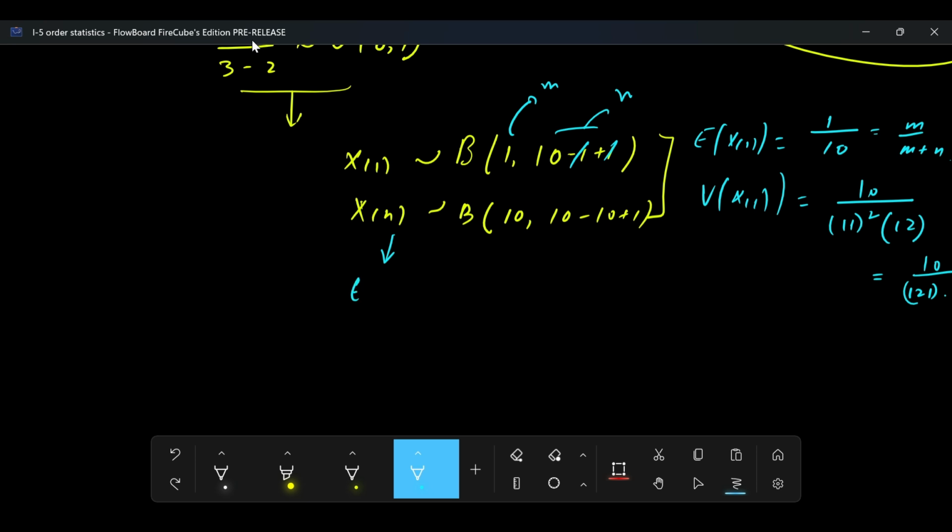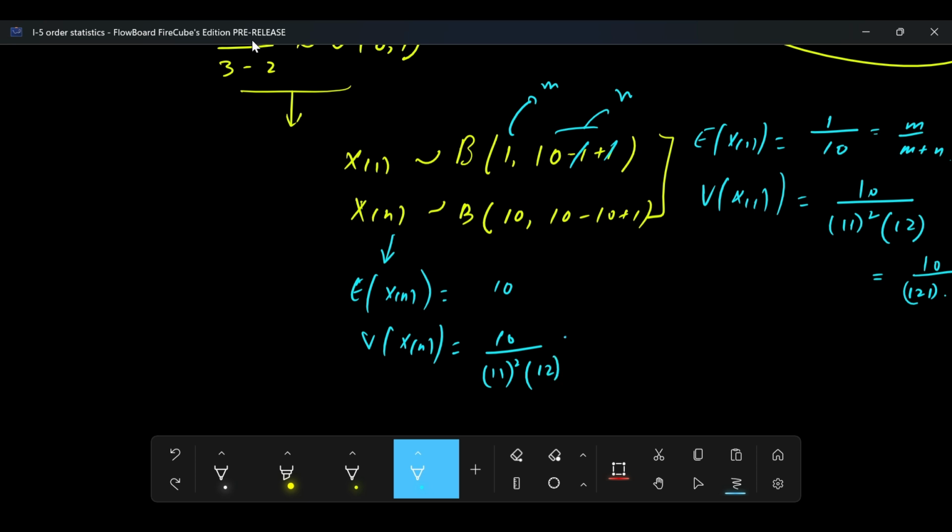And expectation of xn will be 10 upon 11, variance of xn will be mn, that's 10, upon (m plus n) square, that's 10 plus 1, that's 11 square, into (m plus n plus 1), that's 10 plus 1 plus 1, that is 12.